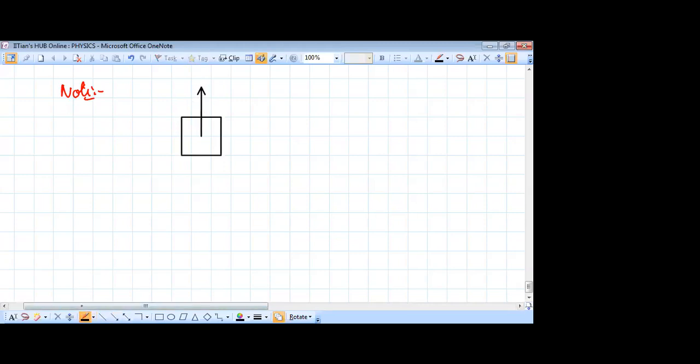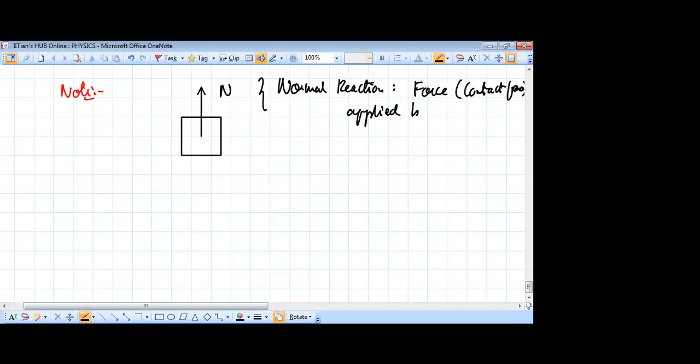This normal reaction is a force. In fact, it's a contact force applied by the floor on the block now.